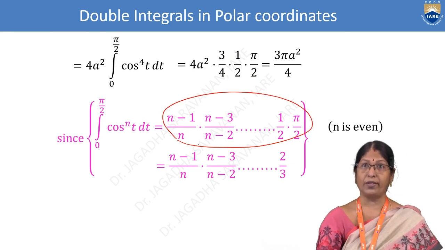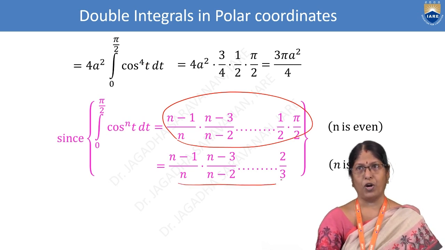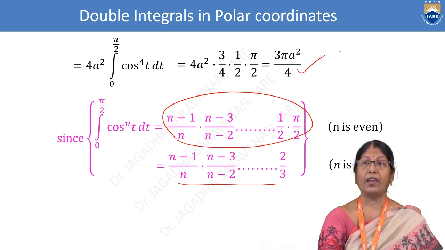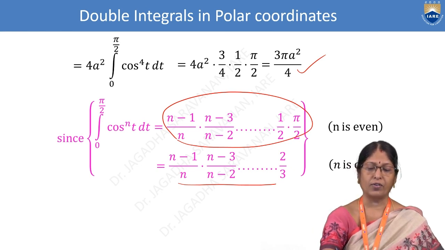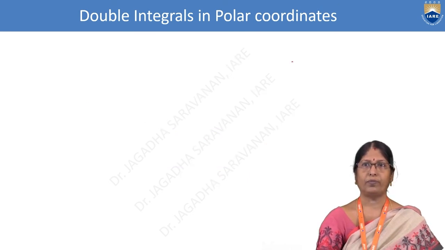Suppose our equation is cos power 5, then it is odd and we have to use the other formula. So this problem also we completed taking help from this reduction formula. We integrated, and the final result is 3 pi a square by 4.